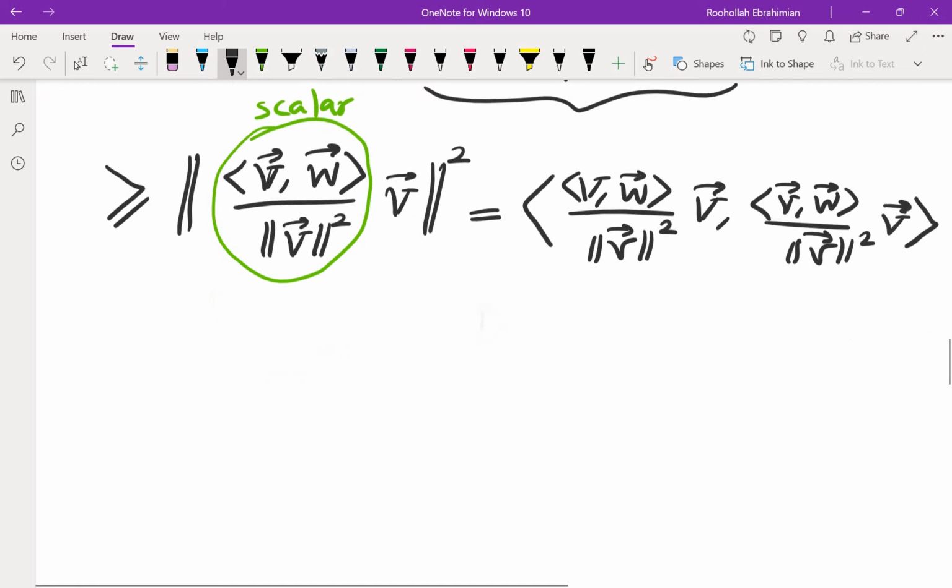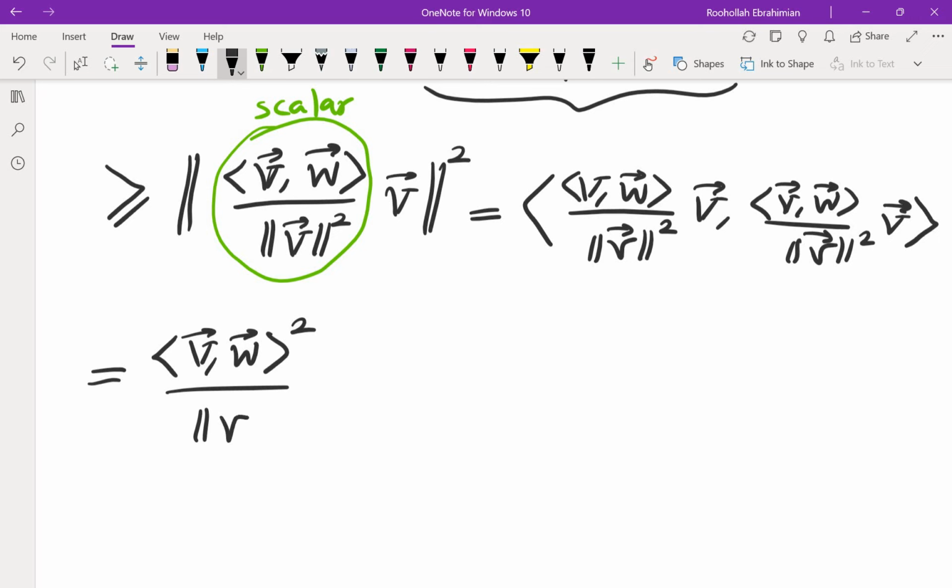Okay, so what is that? If you take the scalars out, we get the inner product of v and w squared over the length of v to the power of 4 times the inner product of v and v. And notice that the inner product of v and itself is just the length squared.